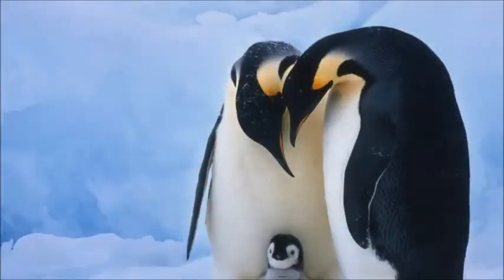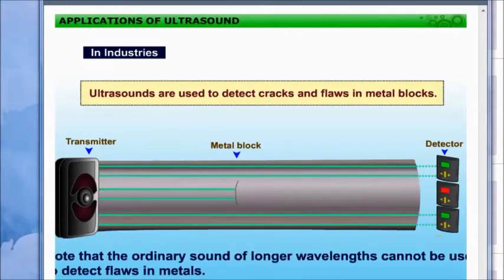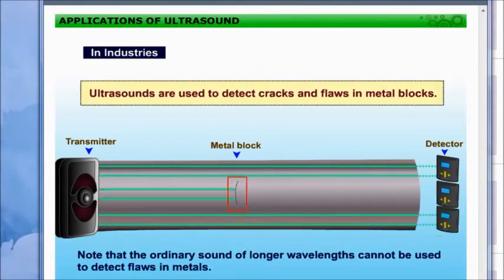If there is a small defect or flaw, the ultrasound gets reflected back. This indicates the presence of the defect in the metal block. Note that ordinary sound of longer wavelengths cannot be used to detect flaws in metals, as it will bend around the corners of the location and enter the detector.